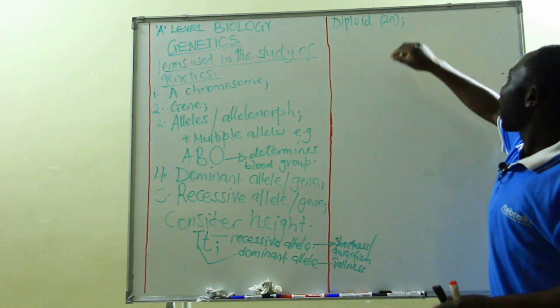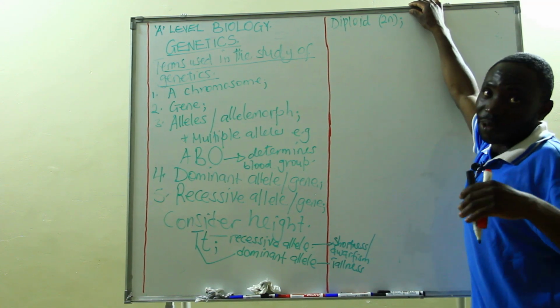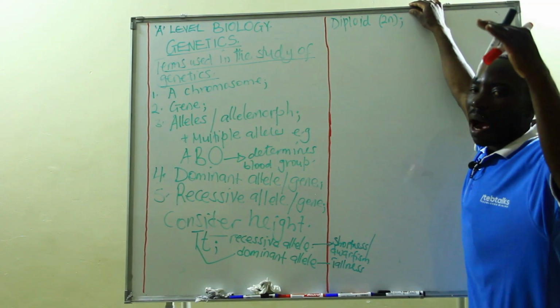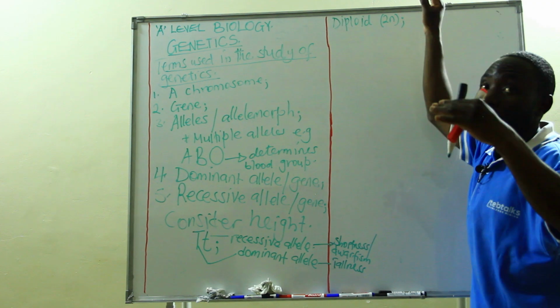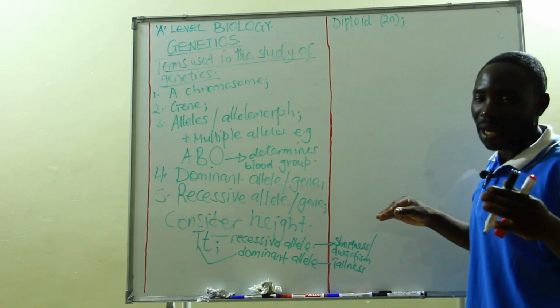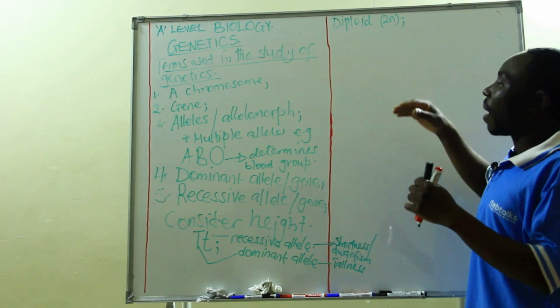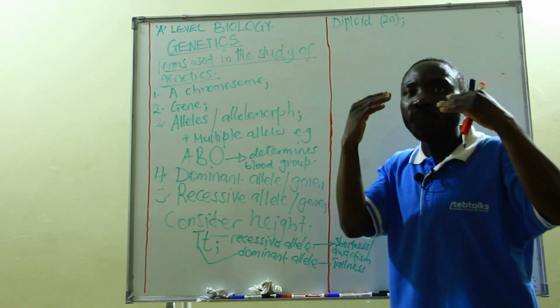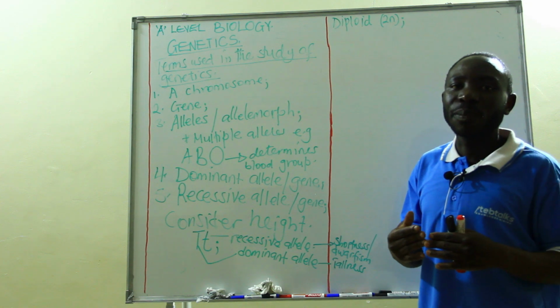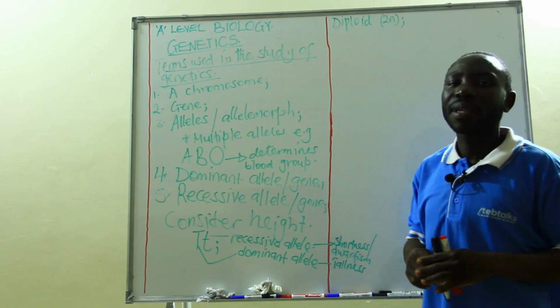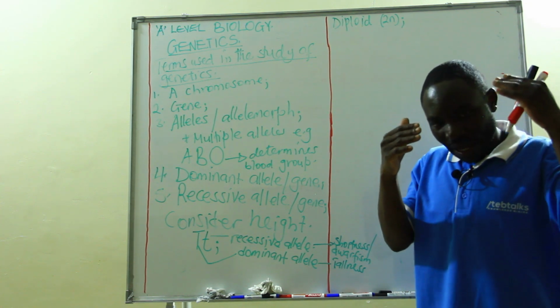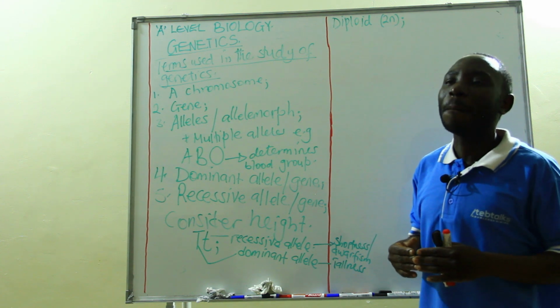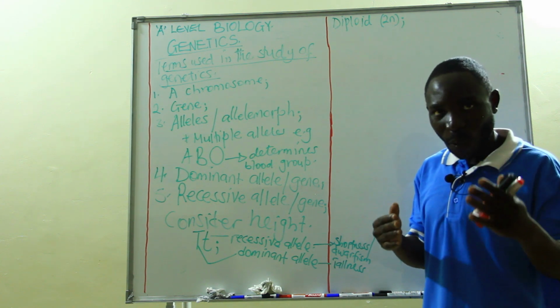So, organisms have cells, but these cells have sets of chromosomes from either parent. Consider a human being. Some chromosomes will be given by the female gamete and the other set of chromosomes by the gamete from the male organism.